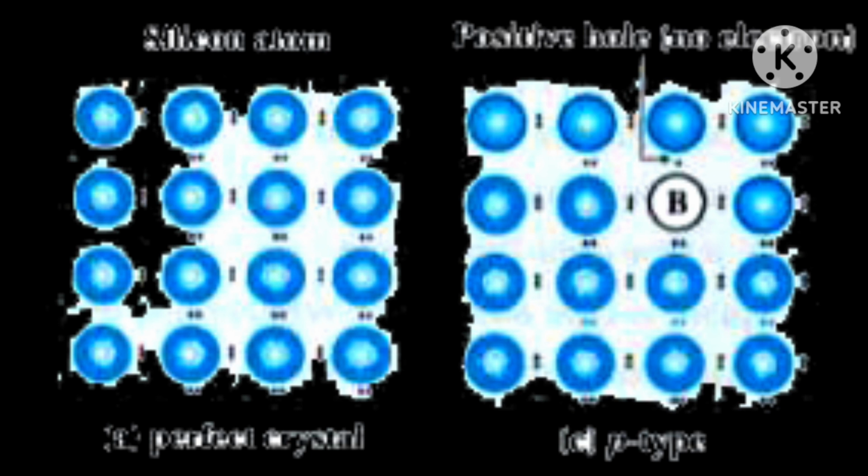Here the increase in conductivity is due to the negatively charged electrons. Hence, silicon doped with electron-rich impurity is called n-type semiconductor. N means negative. N-type semiconductors.